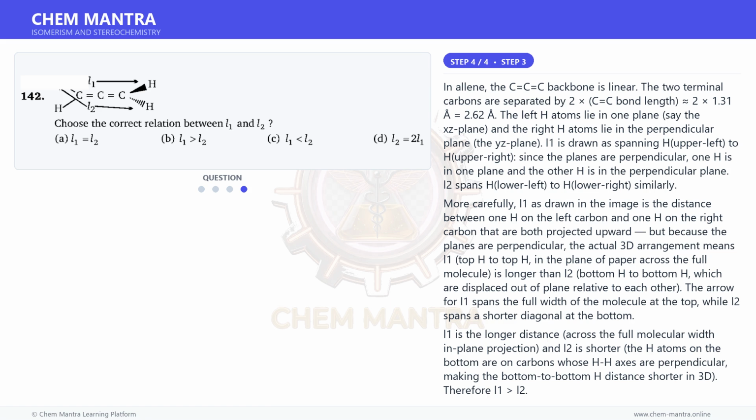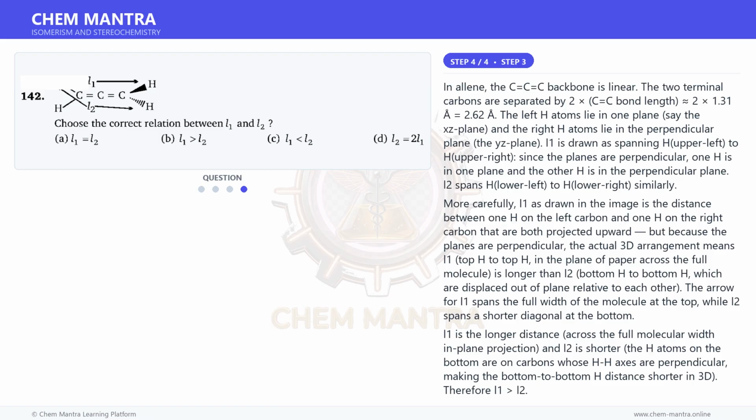L1 is drawn as spanning H, upper left, to H, upper right, since the planes are perpendicular. One H is in one plane and the other H is in the perpendicular plane. L2 spans H, lower left to H, lower right, similarly.